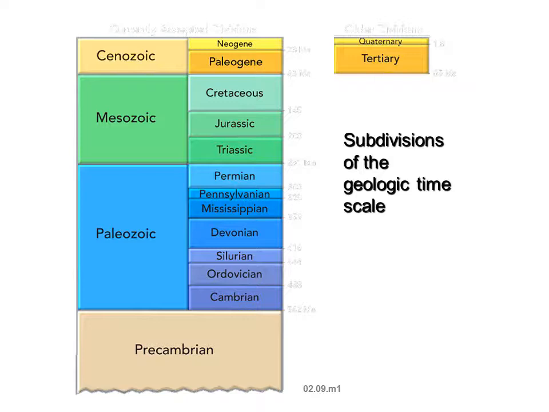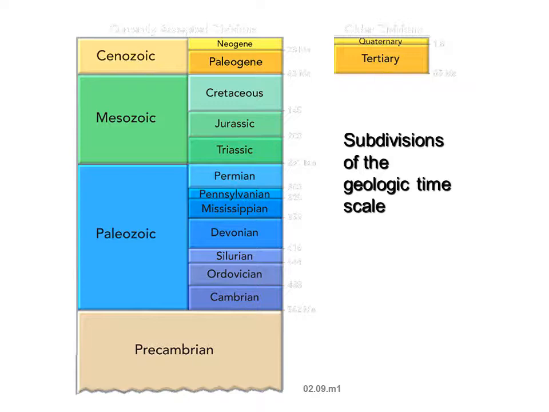The age periods are defined on the basis of their fossils and numeric age calculations. Age periods are named from the place where they were first recognized. If we're looking at the Mississippian and the Pennsylvanian, those are the easiest to see because we're familiar with Mississippi and Pennsylvania. But all of these are related to the locations where the rocks were first found.